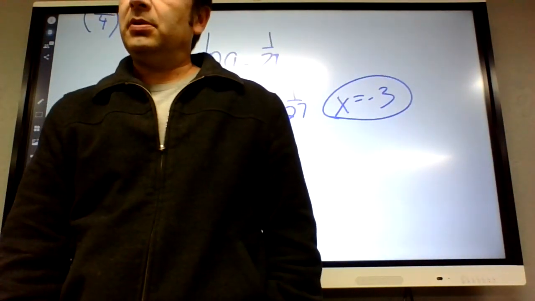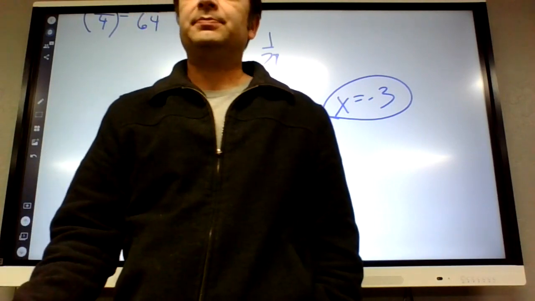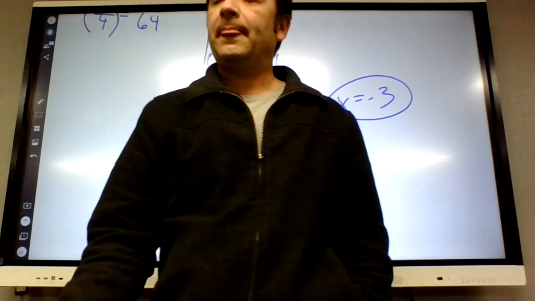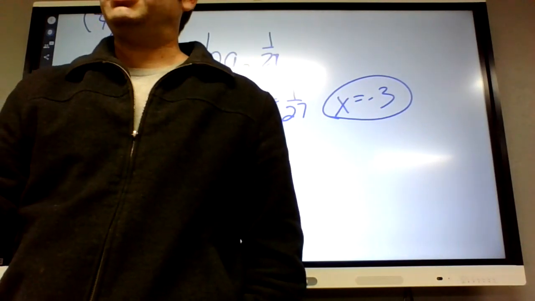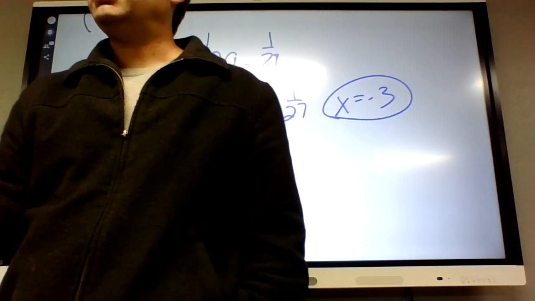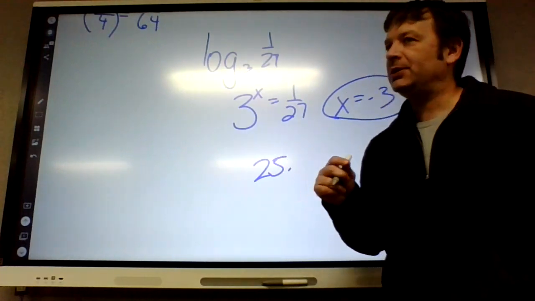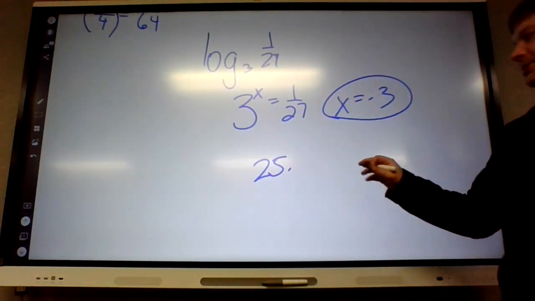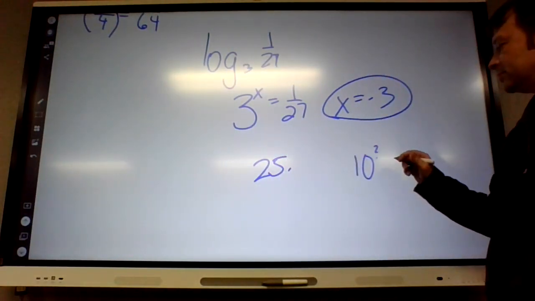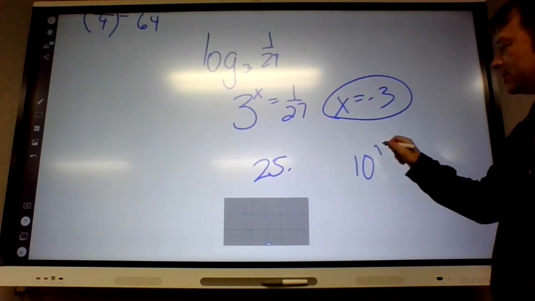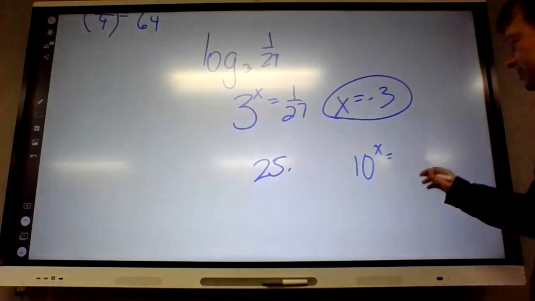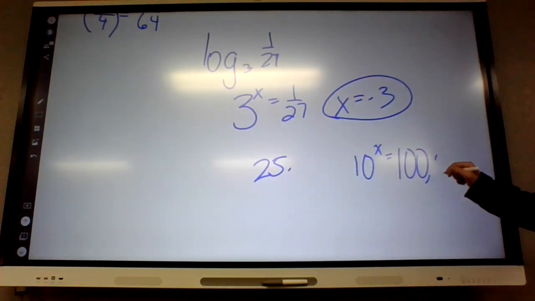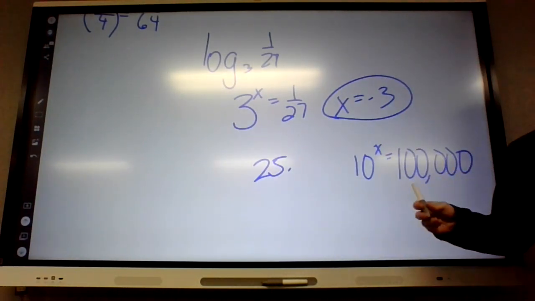I skipped a couple. Do you want us to show that work? No. On 25, they didn't write the base, so what's the base? 10. So what 25 means is 10 to the what, or we can put an x up there, equals 100,000.